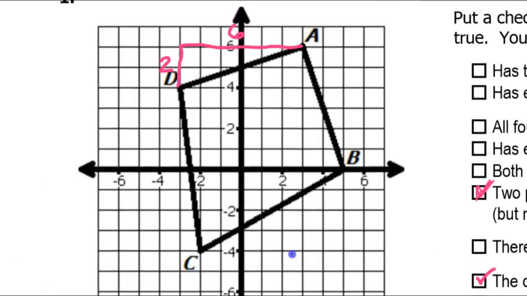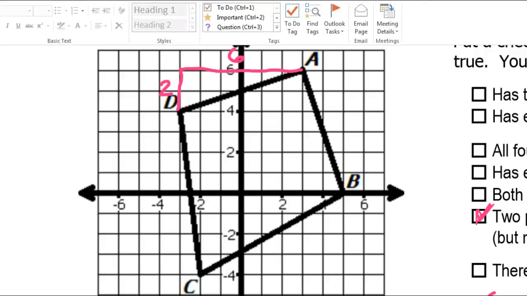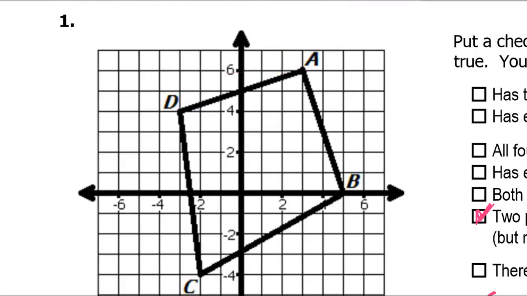Okay, let's do the same thing with AB. So I'm looking at AB. If I make a right triangle out of that, where segment AB is the hypotenuse, then here I have 2 and I have 6.